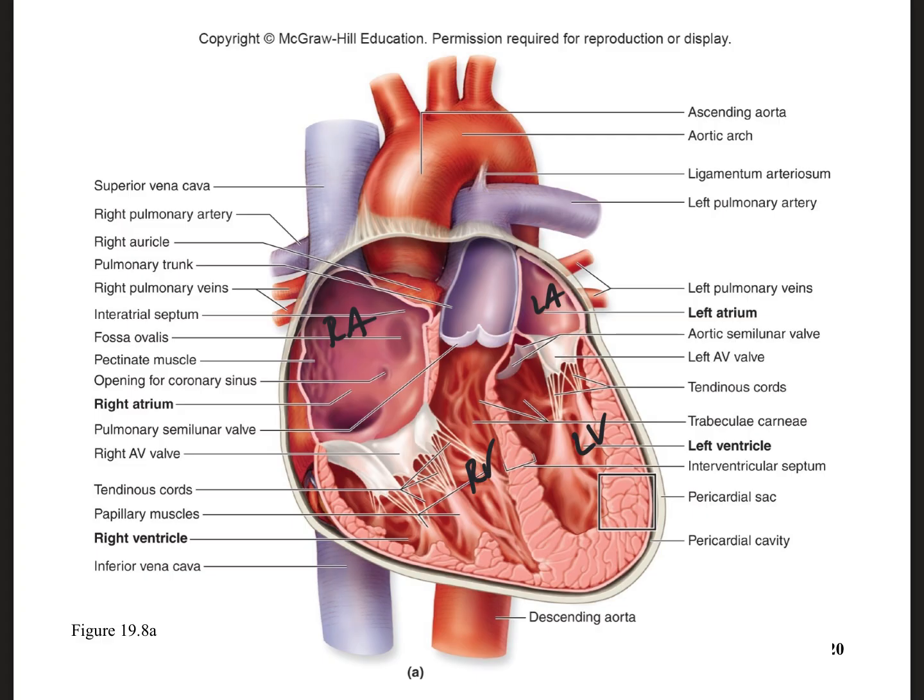When they contract, it pushes these valves closed. At that point, you get what's called isovolumetric contraction. The ventricles continue to contract. Isovolumetric means there's no change in volume, so whatever blood is in the ventricles is staying.